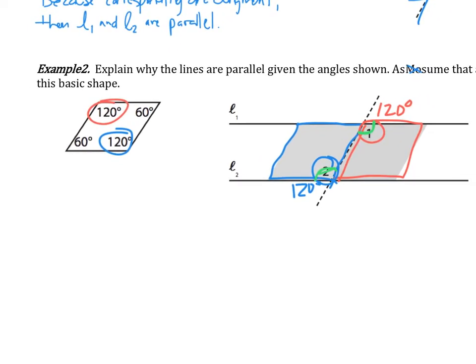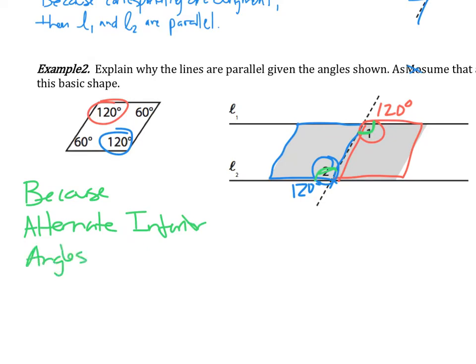Alternate interior angles are supposed to be congruent, and since they are, in this case, because alternate interior angles are congruent, lines L1 and L2 are parallel.